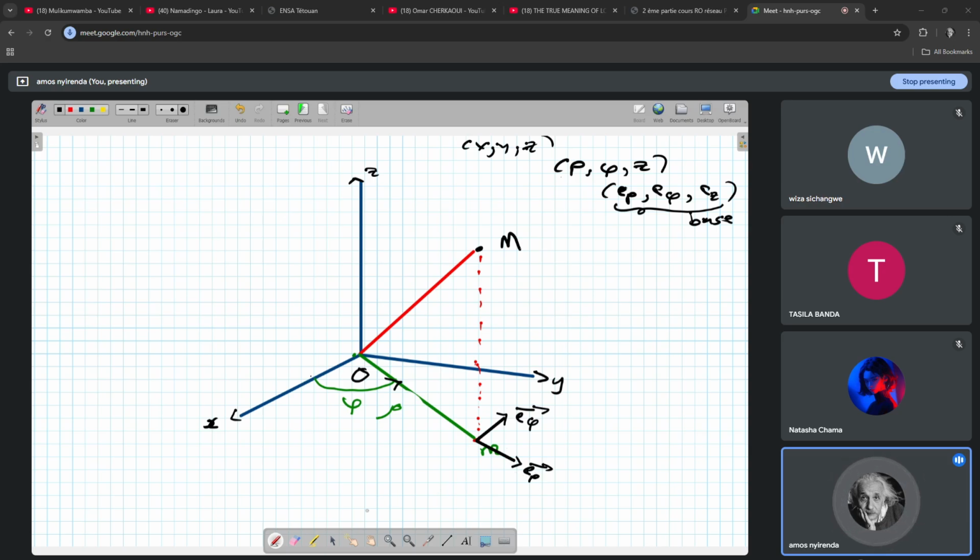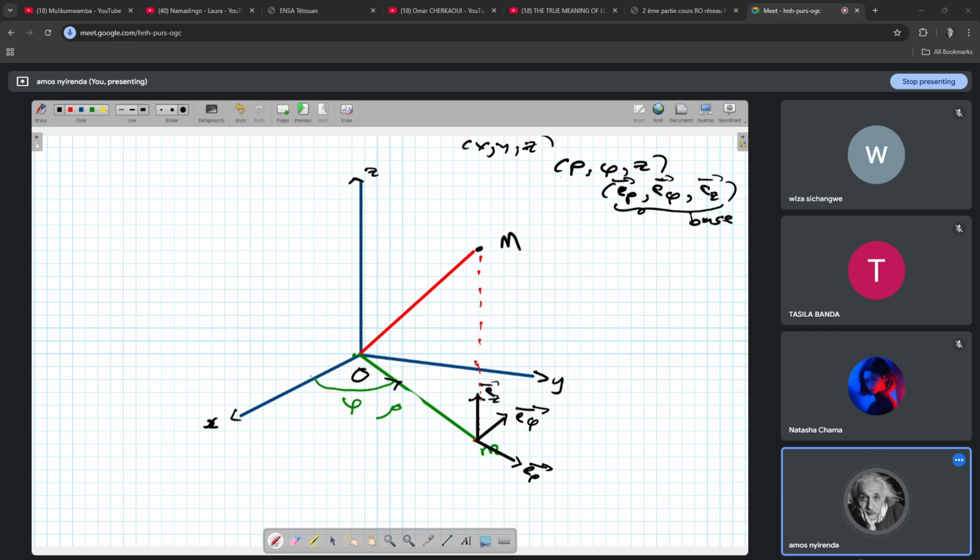And then finally, e z is the same vector. It's parallel to the z-axis. So it comes here, then it goes like so, and this is e z, like so.